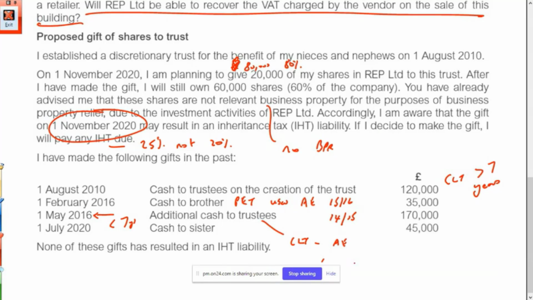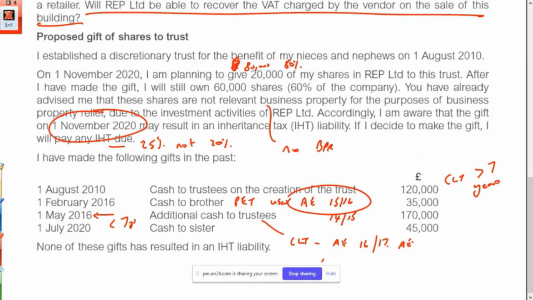It was May 16, so that would get the 16-17 annual exemption. Now note that you can't get the 15-16 annual exemption because you already had it against the previous year's gift.